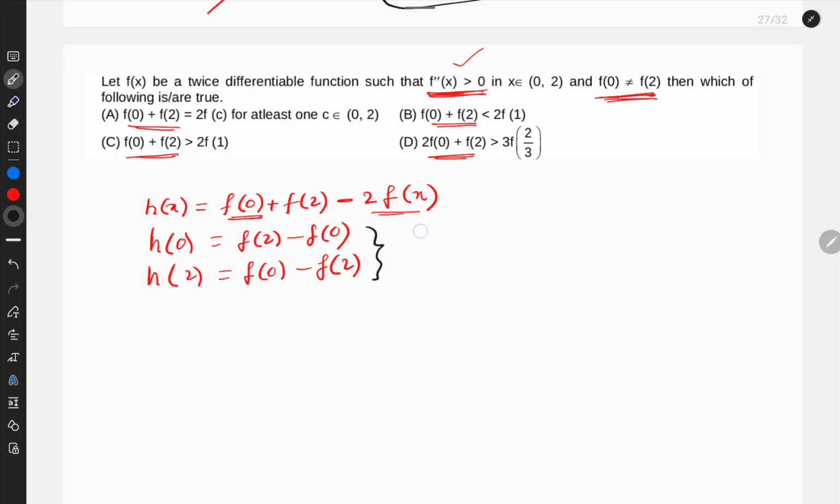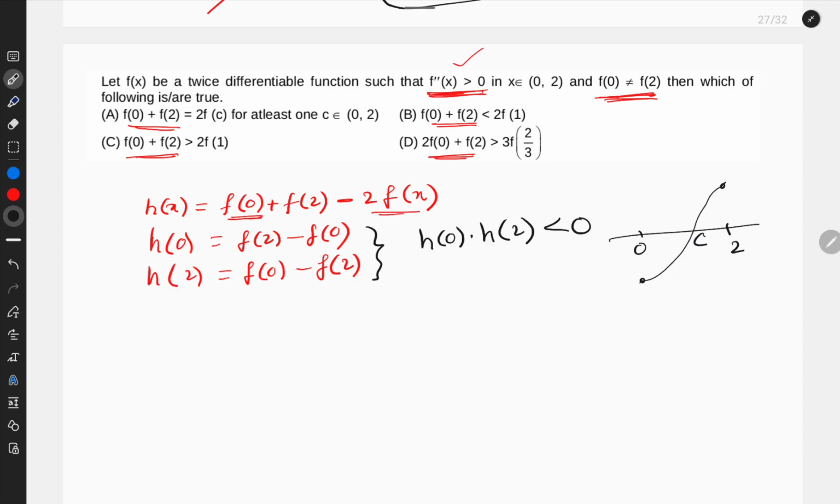So from these two, h of 0 into h of 2 will be a negative quantity. That means if h of 0 is positive, h of 2 is negative, or if h of 0 is negative, h of 2 is positive. What is the meaning of that? Since f is continuous and differentiable, h will also be continuous and differentiable.